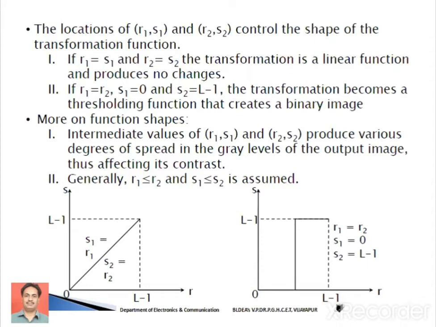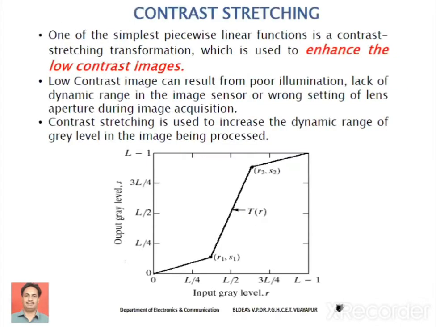Remember students, contrast stretching is mainly used to increase the dynamic range of the image. That is, we can convert a low contrast image into a high contrast image by performing the contrast stretching operation.